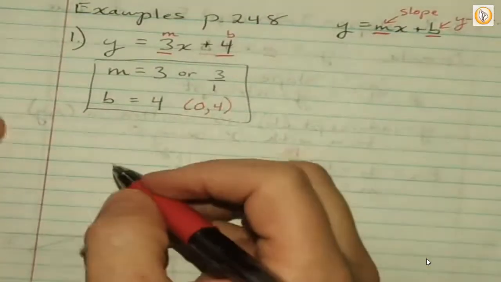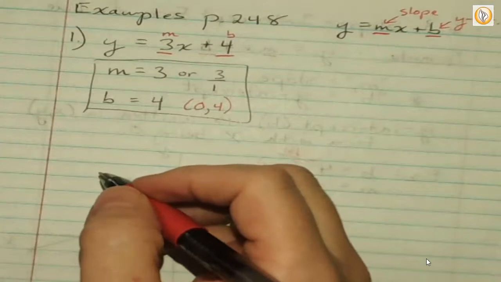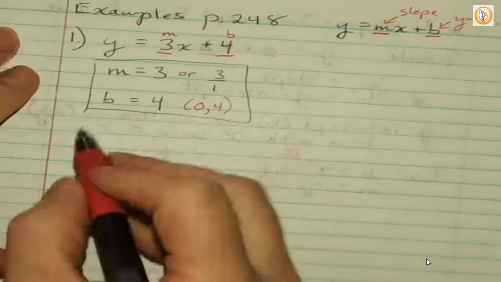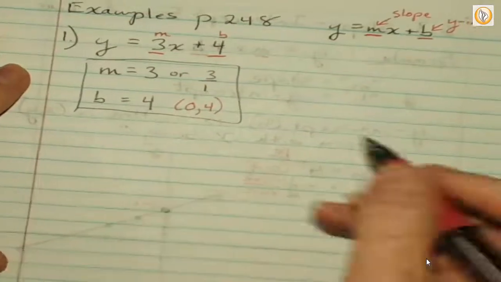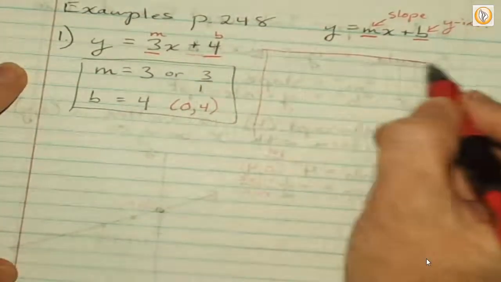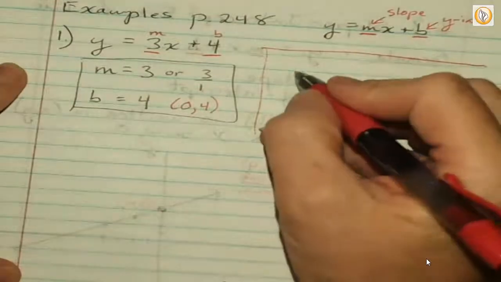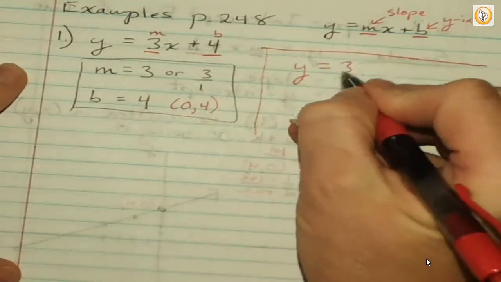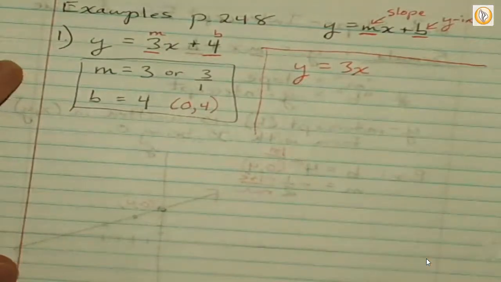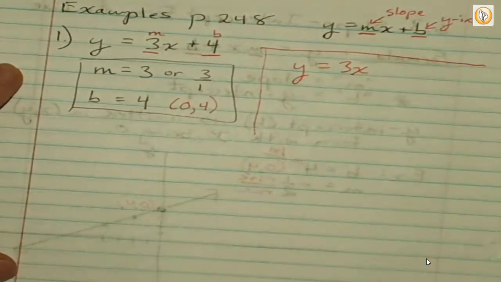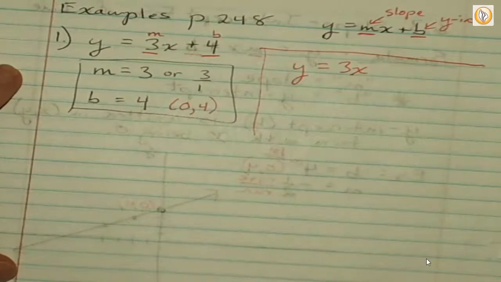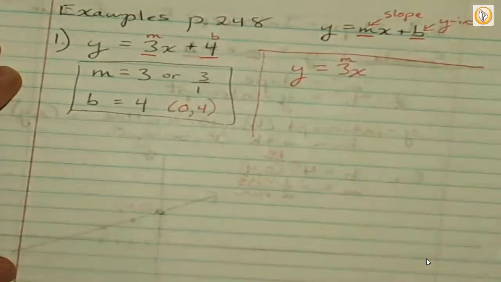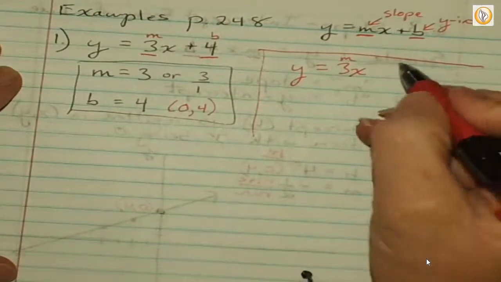I'm going to write that in red because this happens. If you have, let's say, I'll write this over here. And y'all may want to write this. Chap said, what if you have y equals 3x? Okay? So, we know our slope because that's there, right? But where's our b?